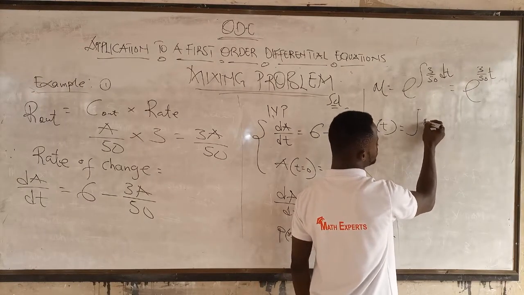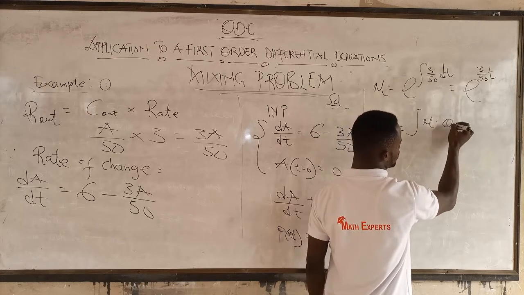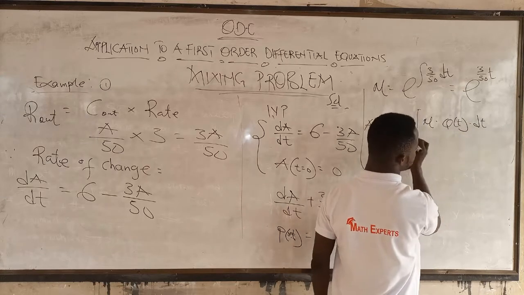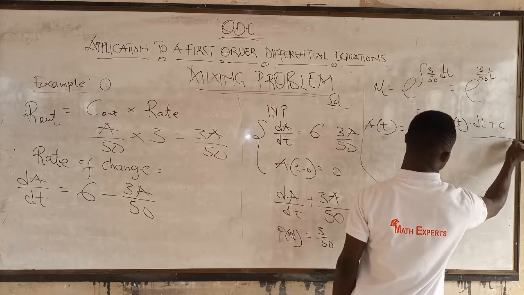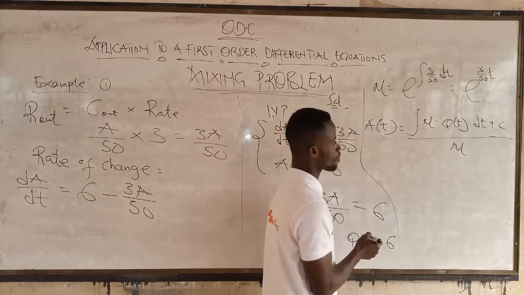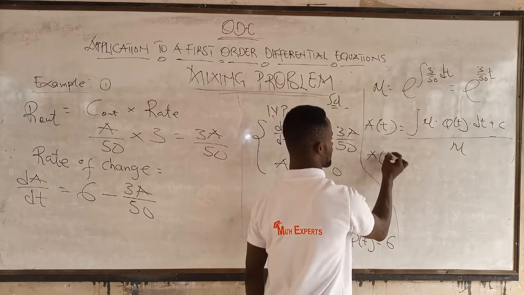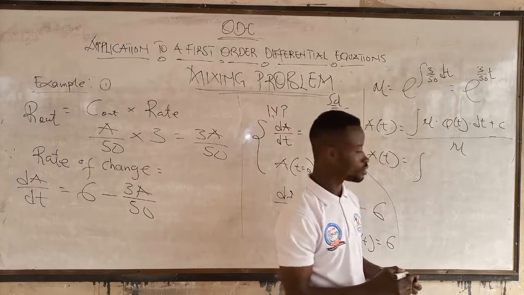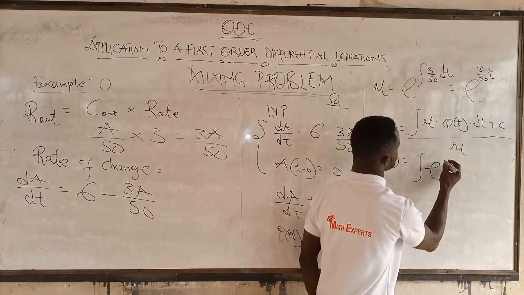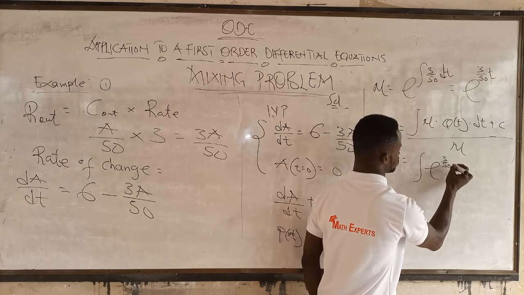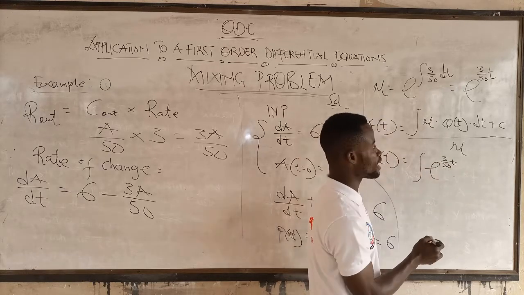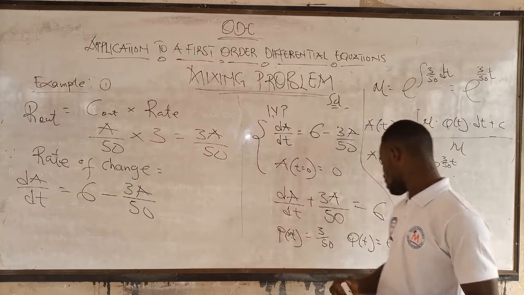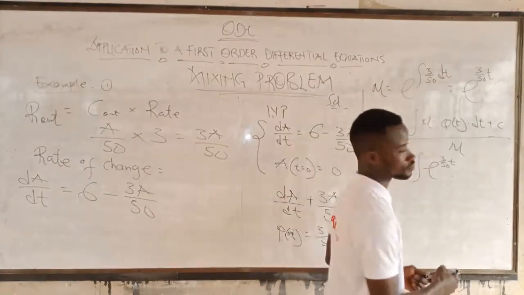It's going to be the integrating factor times the integral of the integrating factor times Q of t, which is 6. Alright, so by substitution.